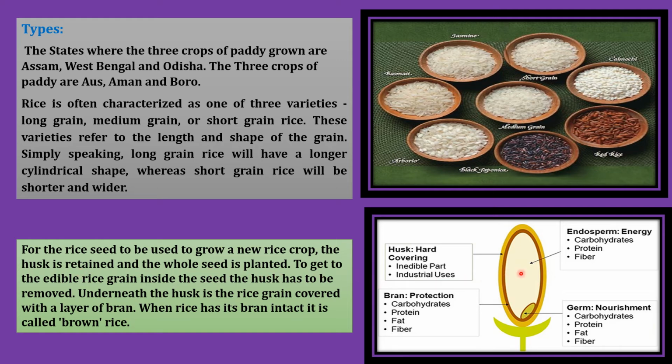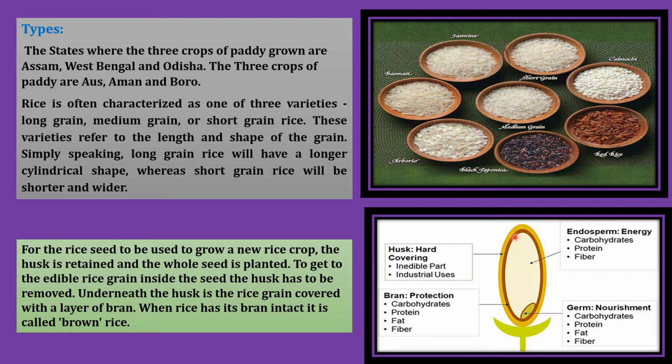First I am explaining from this diagram what is husk. You can see the outer hard covering, this yellow color. This is husk. Husk is the hard covering, an inedible part with industrial uses, that means it is used for industry.